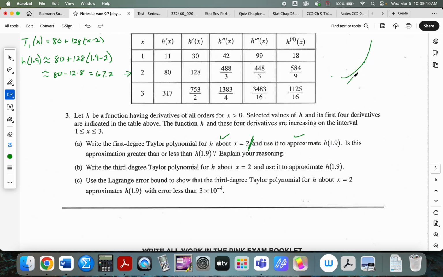So if I did a tangent line approximation, what do we know? The approximation is less than h of 1.9, because h double prime at 2 is positive.